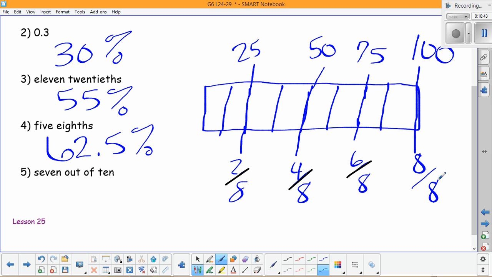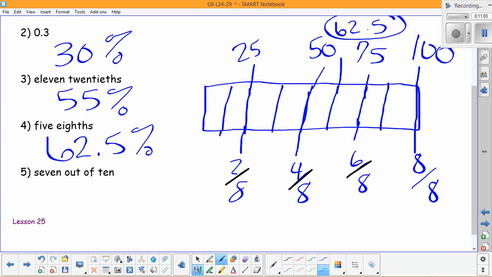And if I look for the number that's halfway between 50 and 75, I should get 62.5. So you can see it numerically, but it is confusing when we want to go ahead and divide.